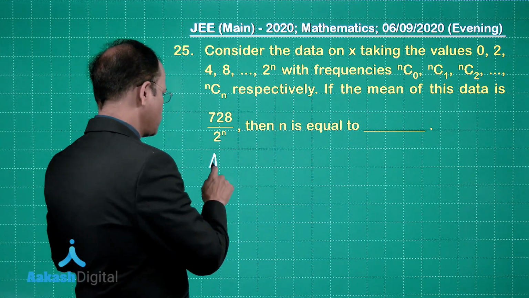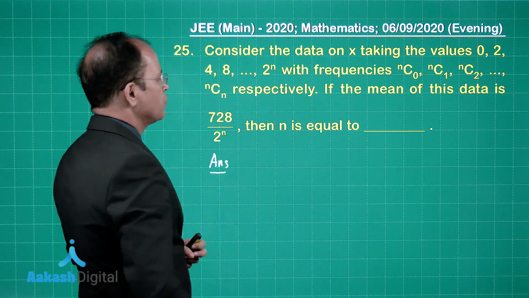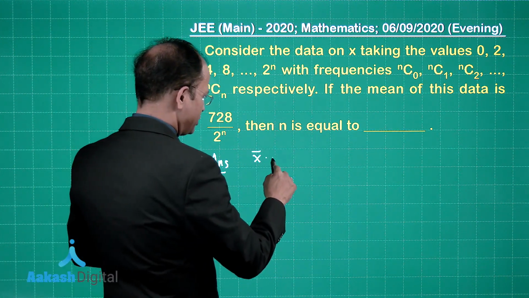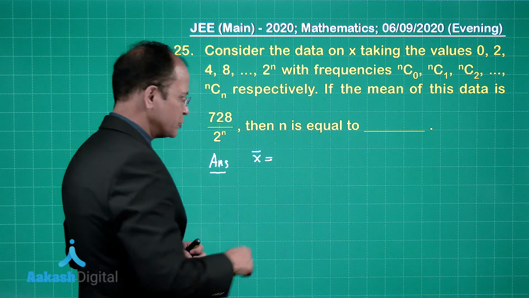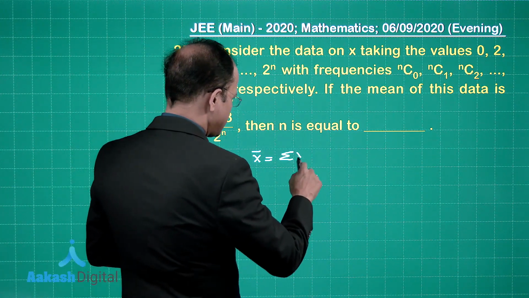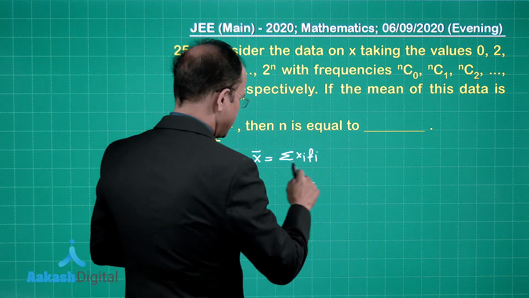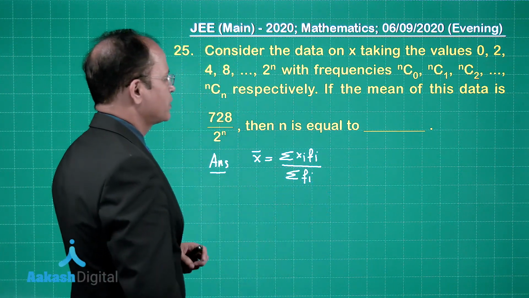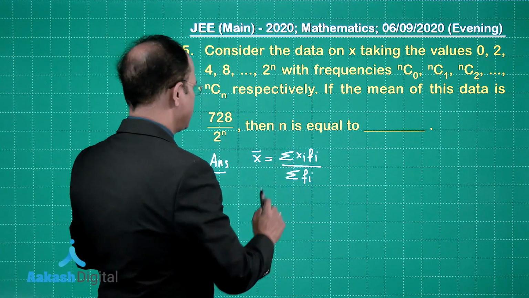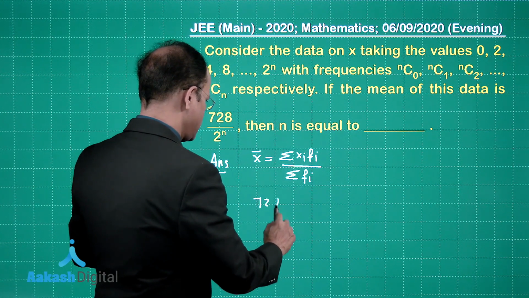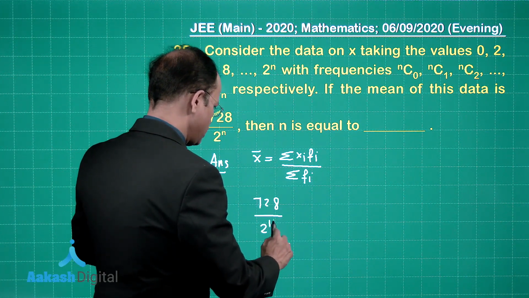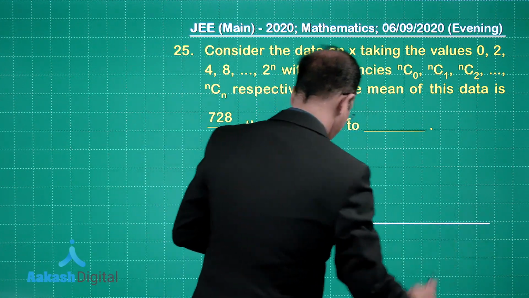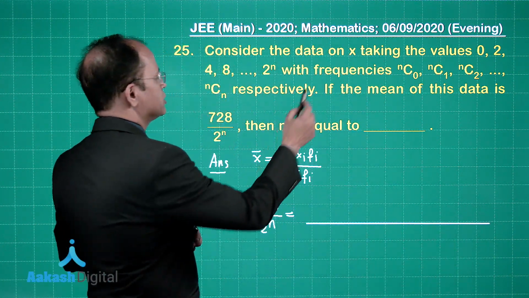See, when you talk about the mean part, so we know that mean is nothing but, whenever the frequency and the observations are given to you, this is sigma xi fi divided by sigma fi. So here we have been given the mean to be 728 divided by 2 raised to the power n, which is equal to, again let's multiply the corresponding terms now.